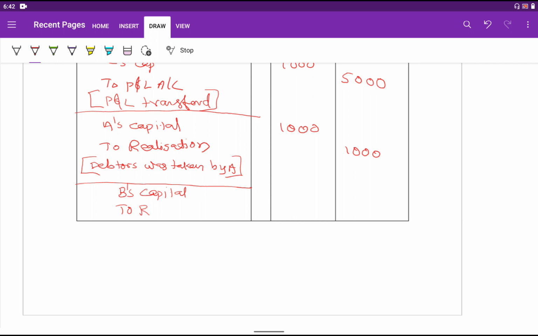What is the amount? 2500. What is the narration? Stock was taken by B. This is the narration. You can do anything.